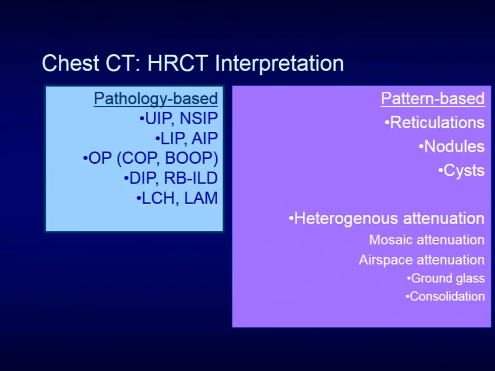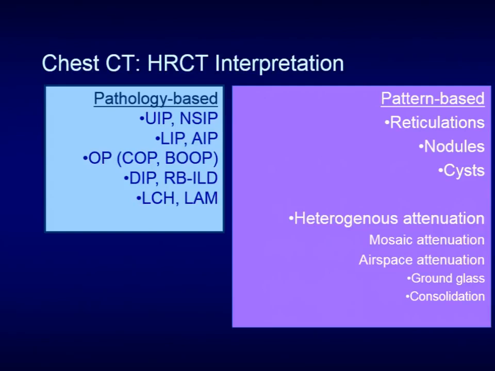These are going to be entities like UIP, NSIP, LIP, AIP, organizing pneumonia, desquamative interstitial pneumonia, respiratory bronchiolitis, interstitial lung disease, Langerhans cell histiocytosis, and lymphangioleiomyomatosis. The pattern-based terms, on the other hand, are kind of a bird's eye or airplane view of what's happening at the pathology level, or what we're seeing on CT. It's just a reflection of what's happening on the pathology.